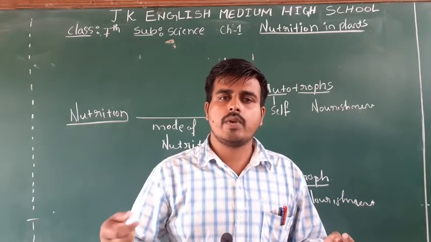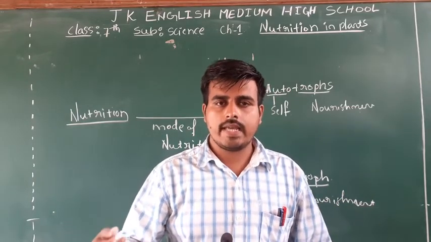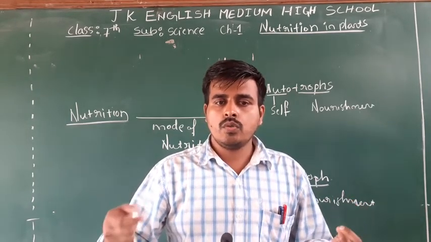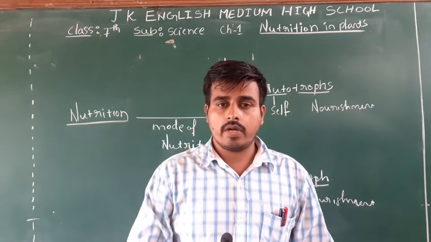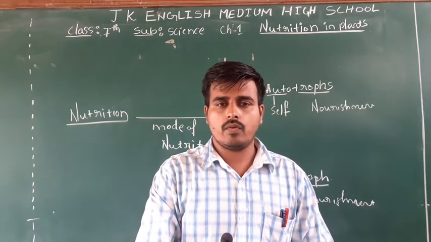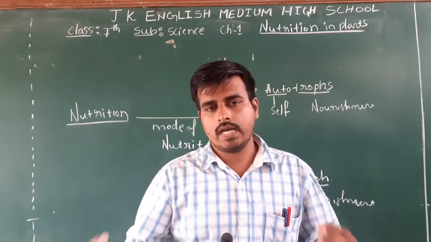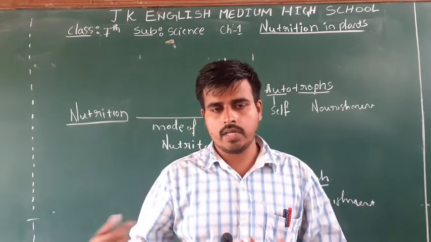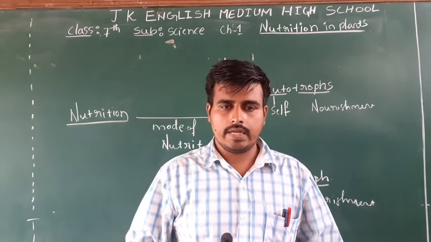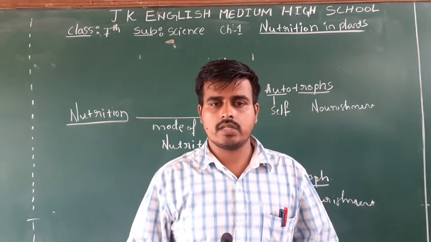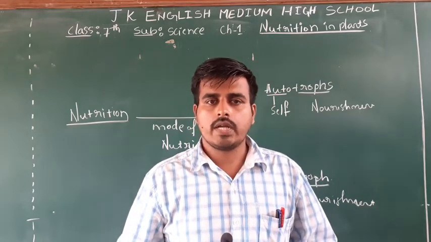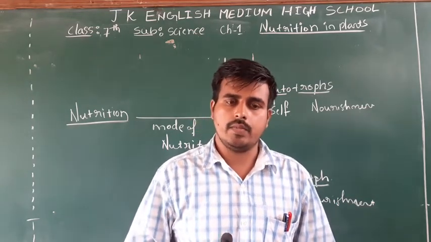We must depend upon other plants and animals to live and to develop our body, for growth and the well-being of our body. Therefore we all come under heterotrophs. You can take any other animals also: dogs, tiger, lion, elephants, deer, many animals you can name. All these are heterotrophs, which depend upon other animals.